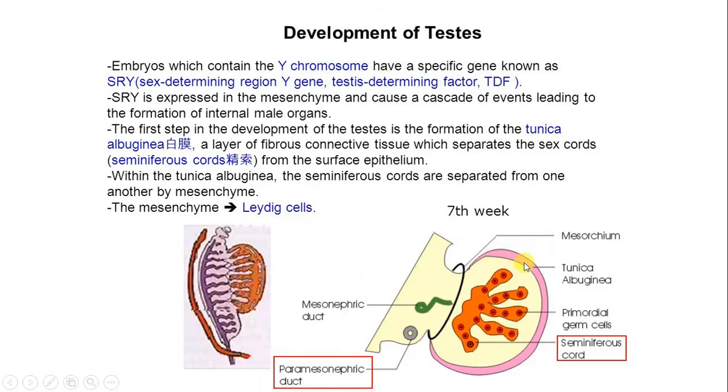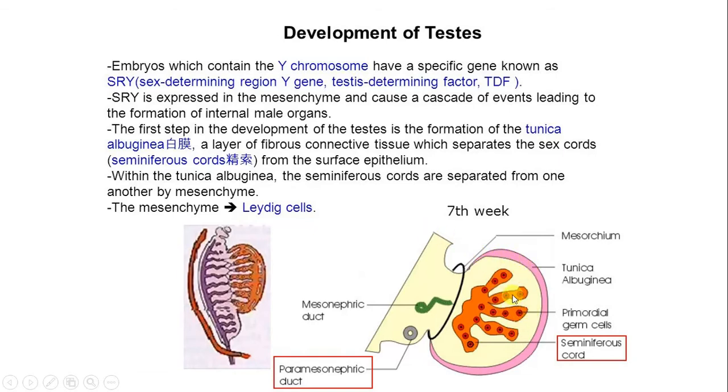Here is the surrounding coelomic epithelium that will thicken and it will form the tunica albuginea, a thickened membrane, fibrous connective tissue, and that separates the cords from the surface epithelium, tunica albuginea.